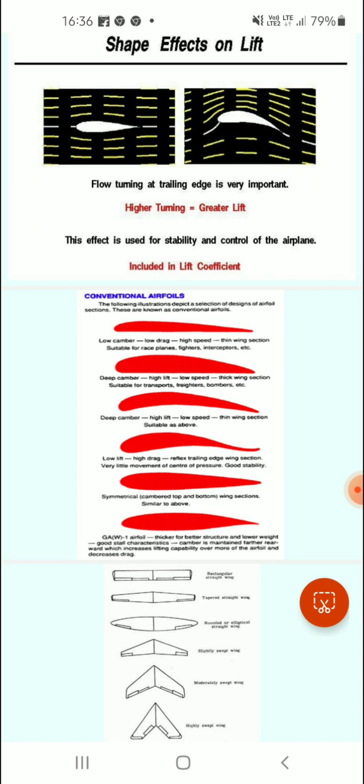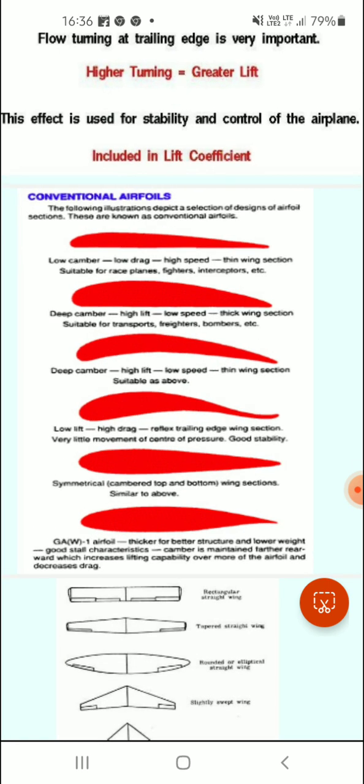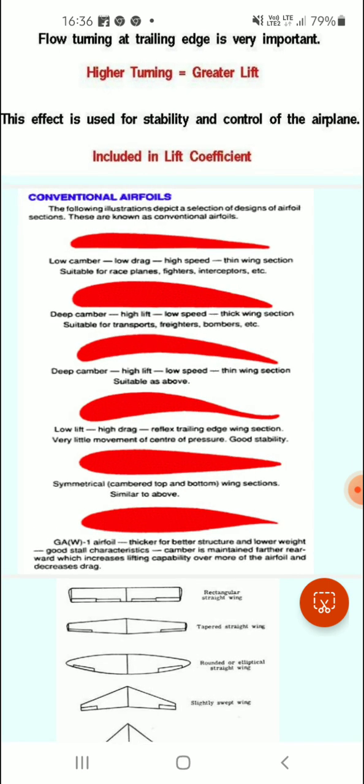Airfoils are of various types. The conventional airfoils I have already mentioned. So these are very important to learn as the basics to make an airfoil or airplane wing, to make an RC plane. Conventional airfoil: here you see low camber, low drag, high speed.